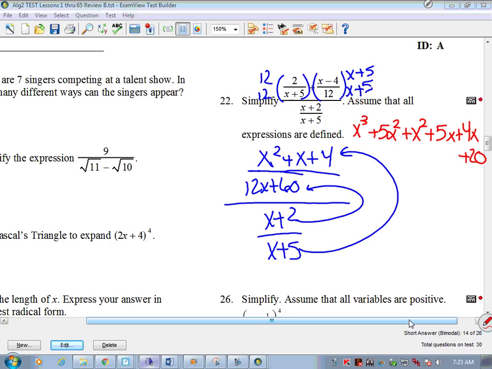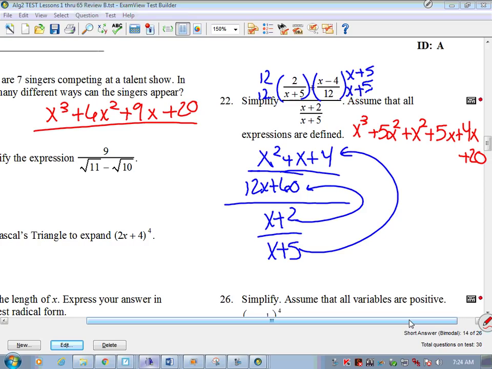So let's go ahead and bring some of that over here, simplify it. We've got x cubed plus 6x squared, plus 9x plus 20.